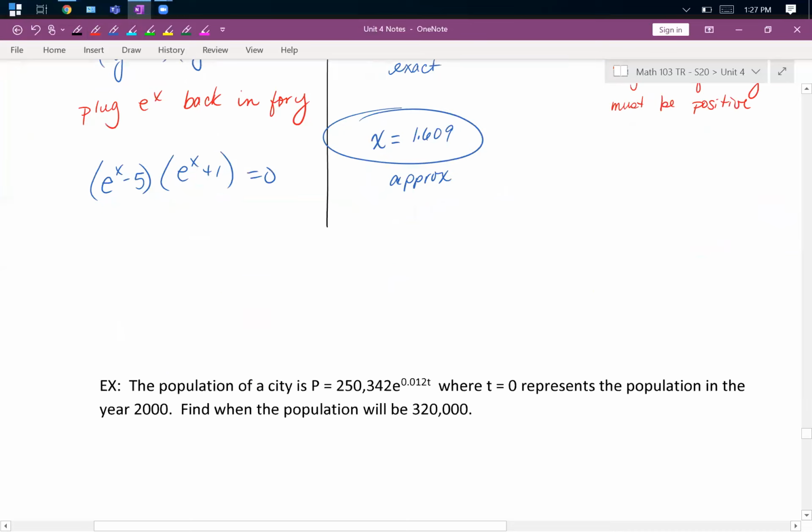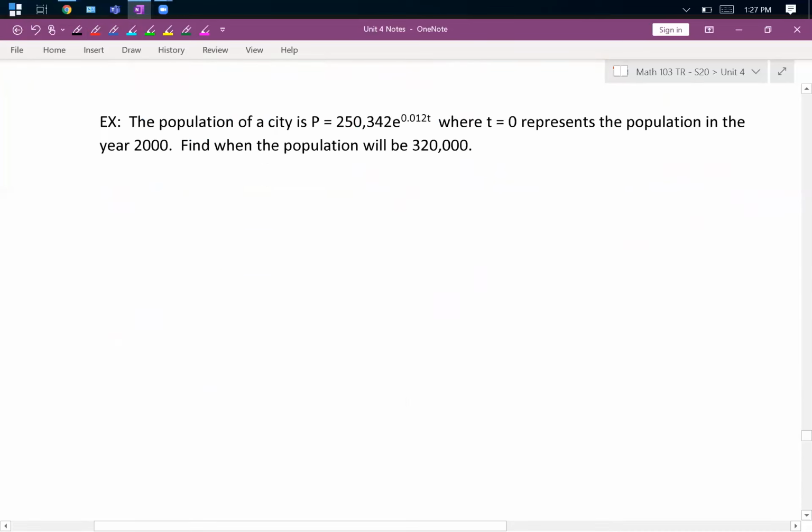Okay. We have an application here to solve. The population of a city is P equals 250,342 times e to the 0.012 t power, where t equals 0 represents the population in the year 2000. We want to find when the population will be 320,000.